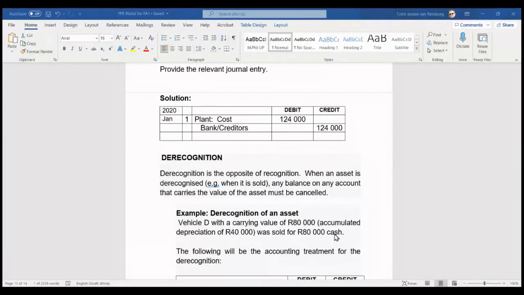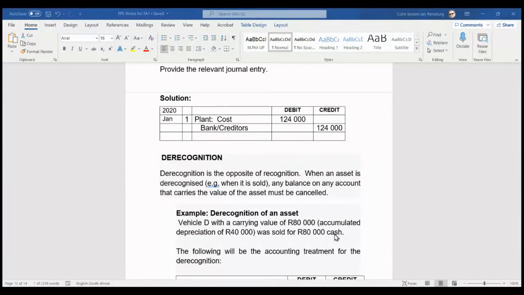Remember, the carrying amount at the date of disposal is 80,000 rands, right? So that is what is in our books, the combination of the cost less the accumulated depreciation. That is why they sometimes refer to the carrying amount as its book value. I'm pretty sure many of you have heard before the term book value or net book value, right?